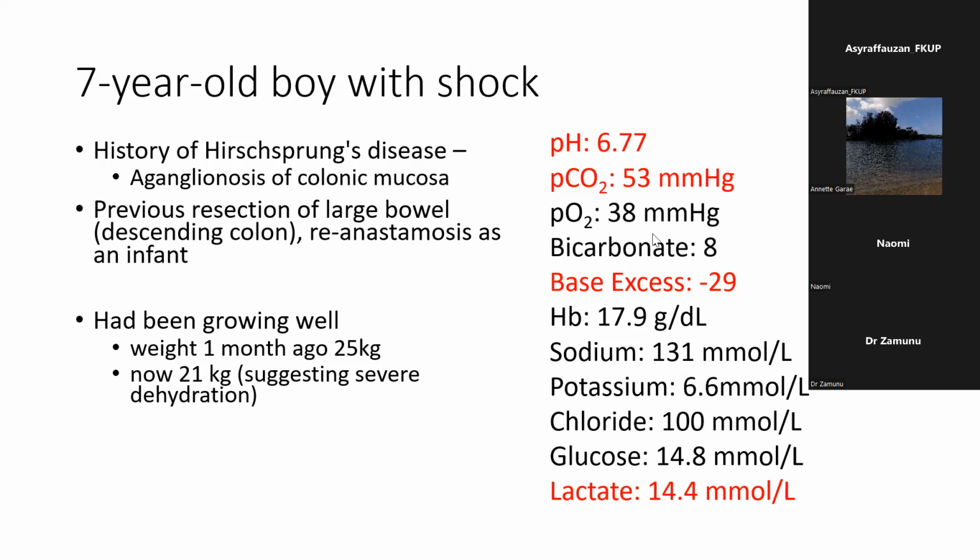And you can say it's a metabolic acidosis primarily, because his bicarbonate is 8. His carbon dioxide level is a bit high, but not very high. It's probably a bit high because he's got such a distended abdomen. And his base excess is very low. So he's got an uncompensated metabolic acidosis.